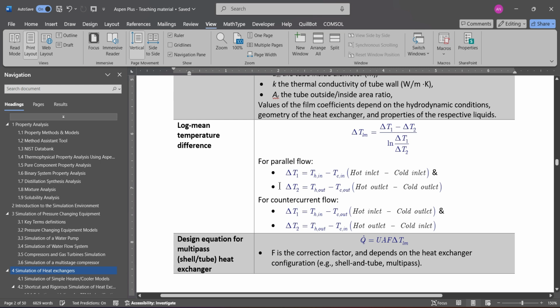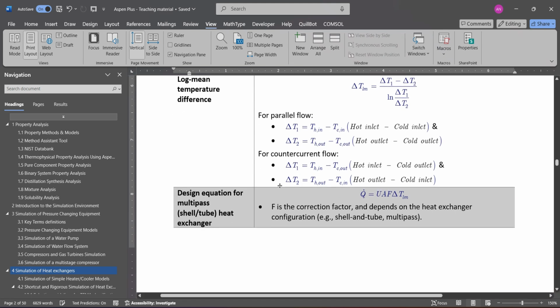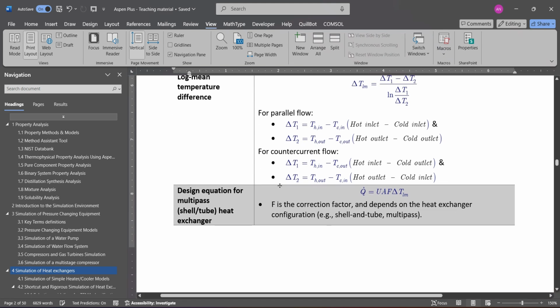Then there is a log mean temperature difference. That is the common concept we use because of the non-linear temperature distributions across the heat exchanger length. They have different interpretations with respect to the parallel flow and the counter flow. But even the log mean temperature difference is not sufficient to accommodate the temperature distributions within multi-pass shell and tube heat exchangers.